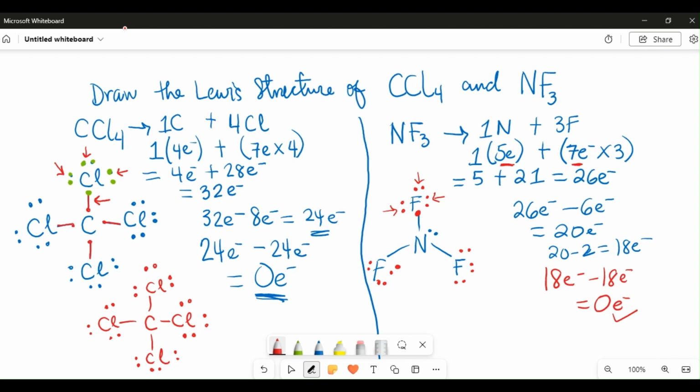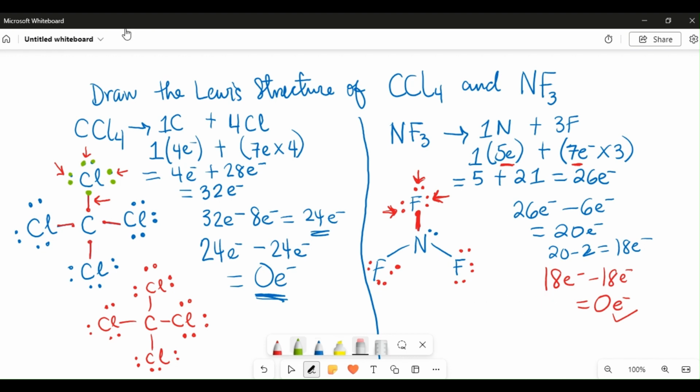Then the next thing, of course, is to make sure it follows the octet rule, which is looking at all the electrons surrounding fluorine, not necessarily just the ones right next to it. So we've got 2 from the bond between nitrogen and fluorine, and then we've got 4 here, 6, and then 8. So you've got 8 electrons surrounding fluorine and 7 electrons right next to fluorine. So you end up seeing that both the octet rule and the valence electron principle are followed. That means your structure is correct.